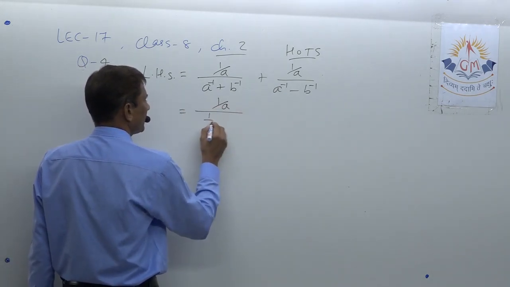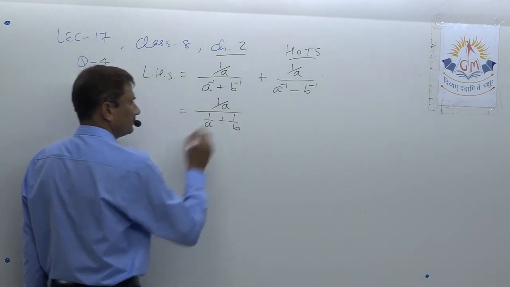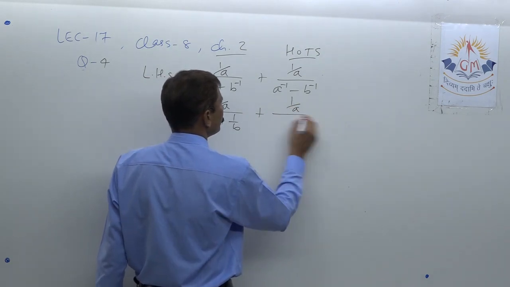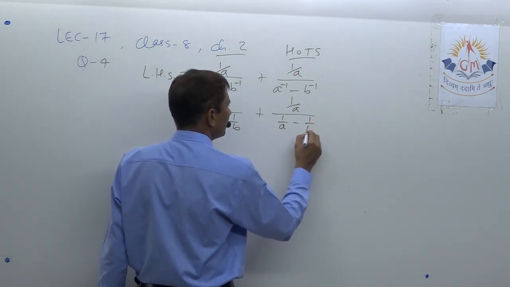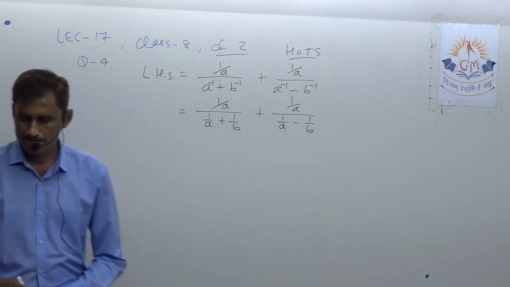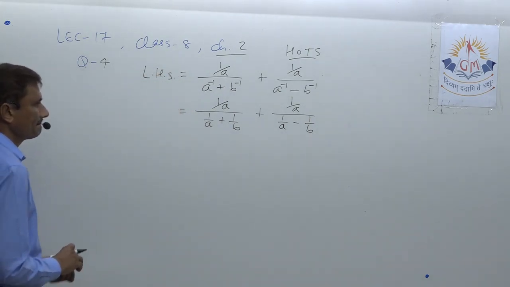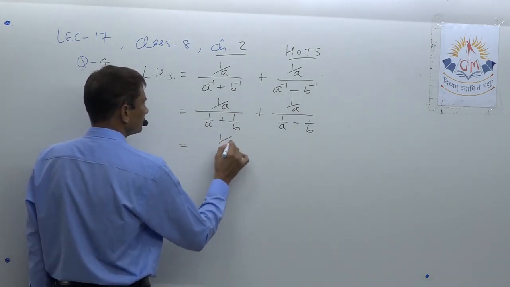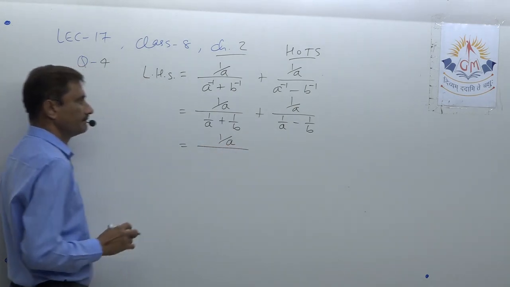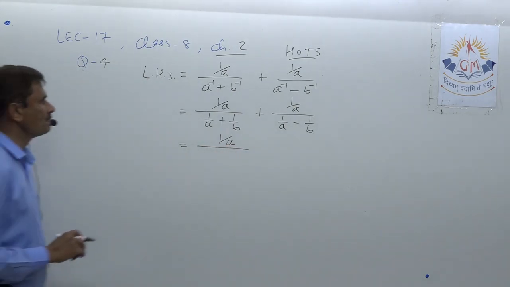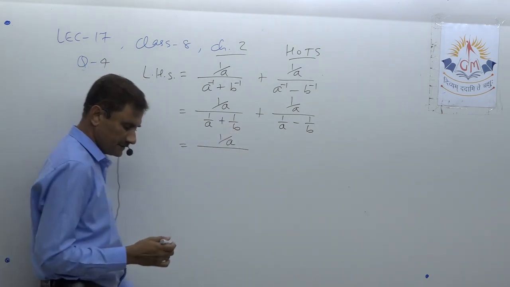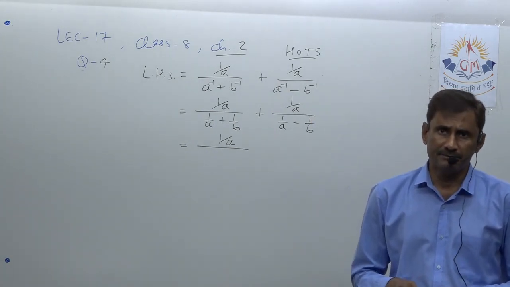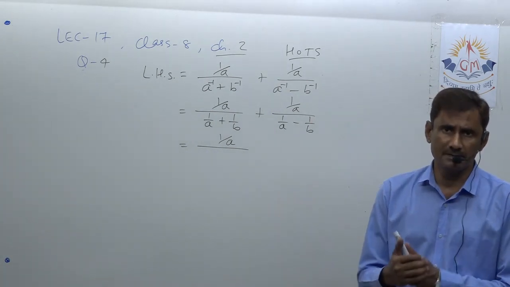So I can write here 1 by a and 1 by b. Why? You know. Same way, 1 by a minus 1 by b. Now, whenever fractions are there with addition and subtraction in between, we take the LCM, meaning for two terms we cross multiply them.